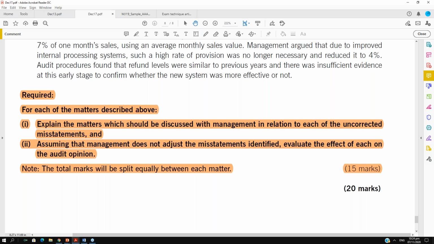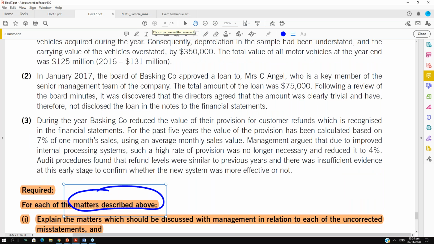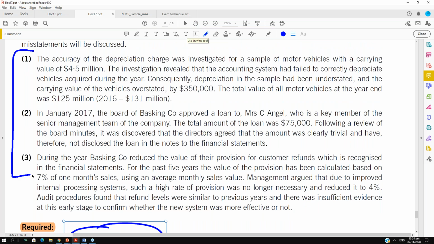Okay, have you been able to read the requirements? That's great. And how many matters do we have above? The examiner is saying for matters described above. How many matters do we have above? 3. And do we have separate marks for each of the 3 parts?